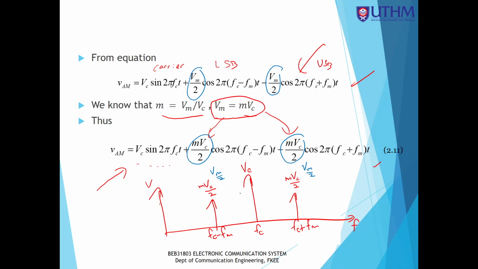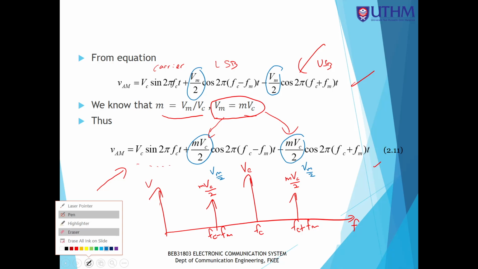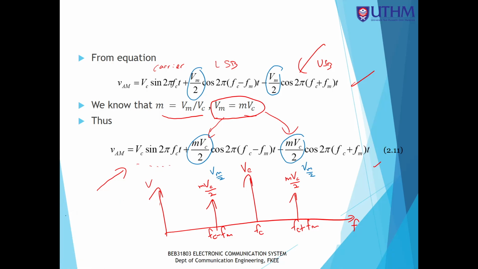So from here, when you want to calculate the total power, you need to add all the power components. Therefore P total is equal to power of the carrier plus power of the lower sideband plus power of the upper sideband.